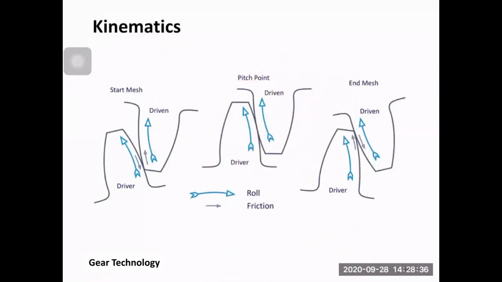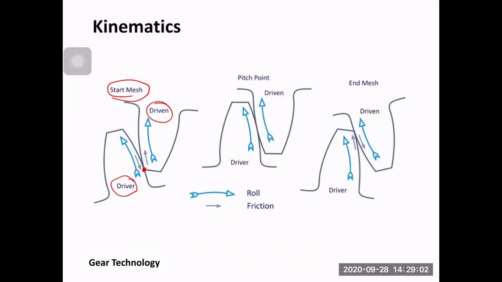Why am I saying that? Because here you have a driver, then you have a driven, and then you have this point, the point of contact. At the start, when they start meshing or engaging together, the tip of the driven touches this point on the driver, right?